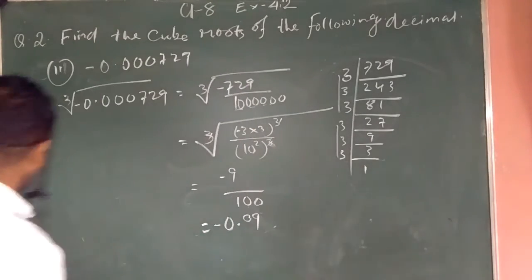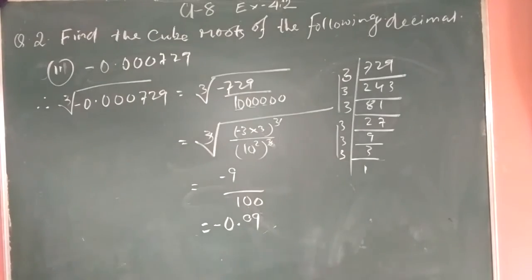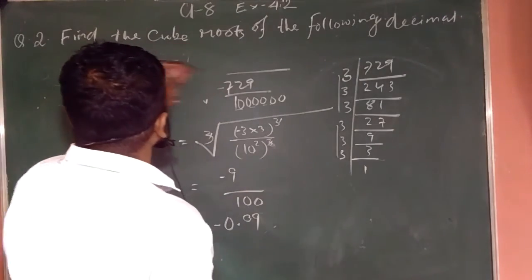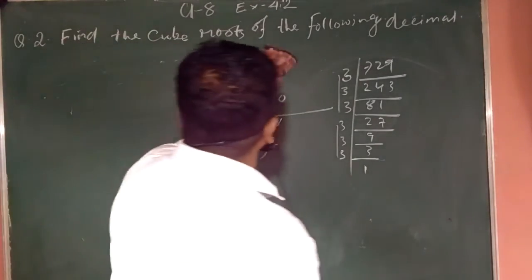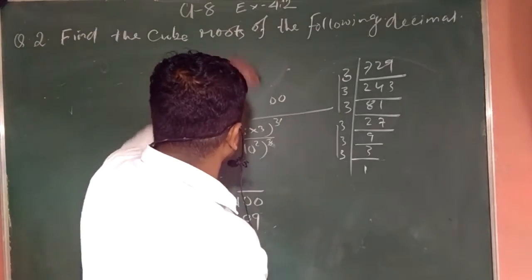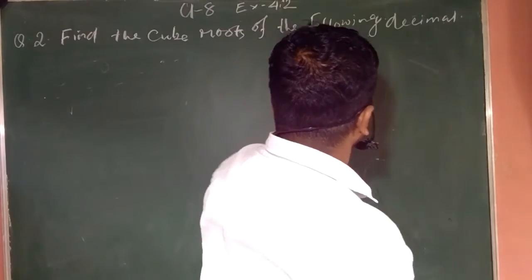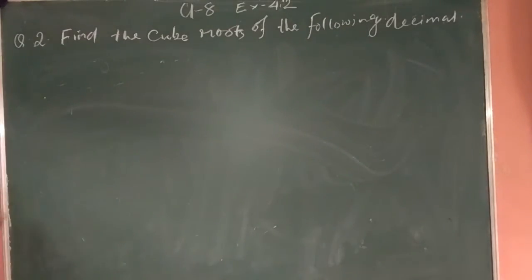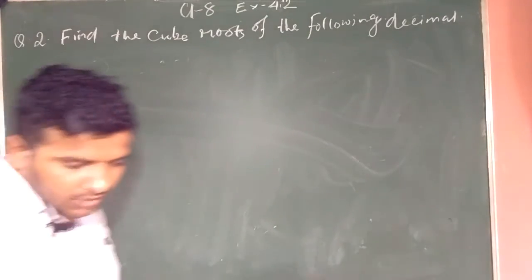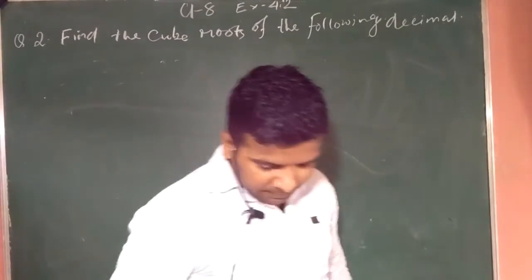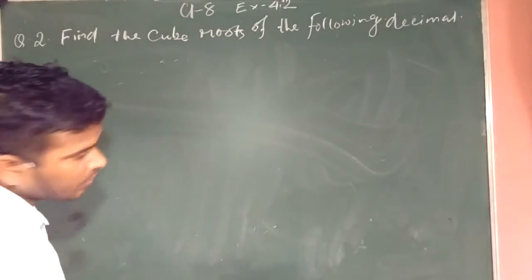Now let us do Roman number 3, which is minus 1.728.